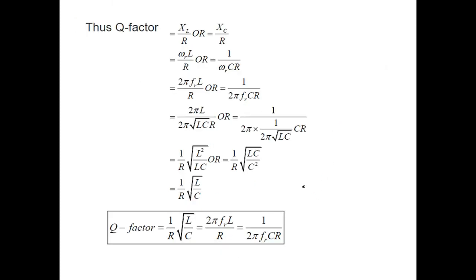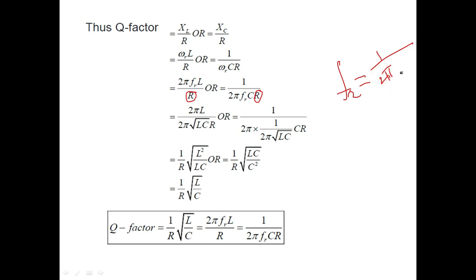So for the quality factor, we substitute the value of the resistance R, and also the resonant frequency, the equation for Fr, which is equal to 1 upon 2 pi square root of LC.